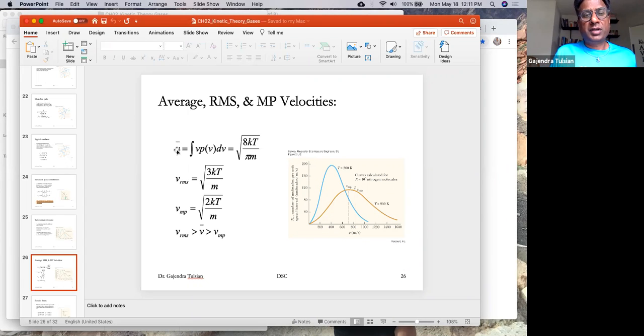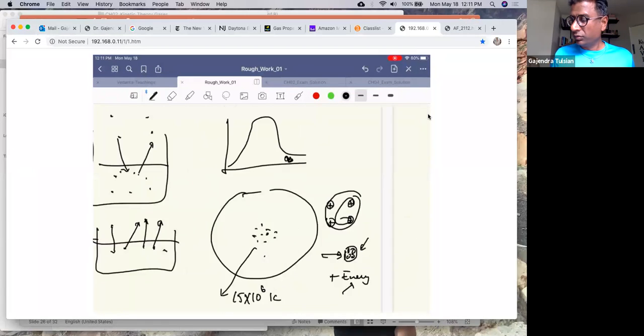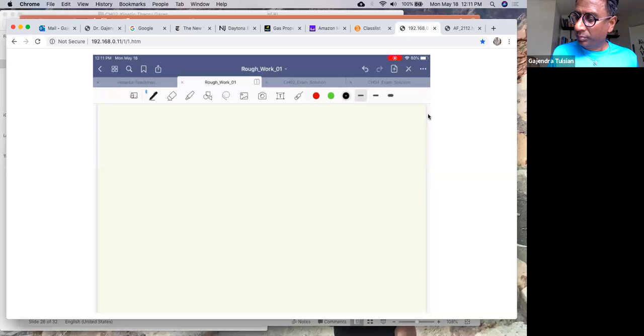All right, here's how you would calculate the average speed if you wanted. Speed times the probability distribution of speed, integrated over dV. You learn this in statistics. If P(V) is the probability distribution, P(V)dV is the probability that the molecule will have speed between V and V+dV.